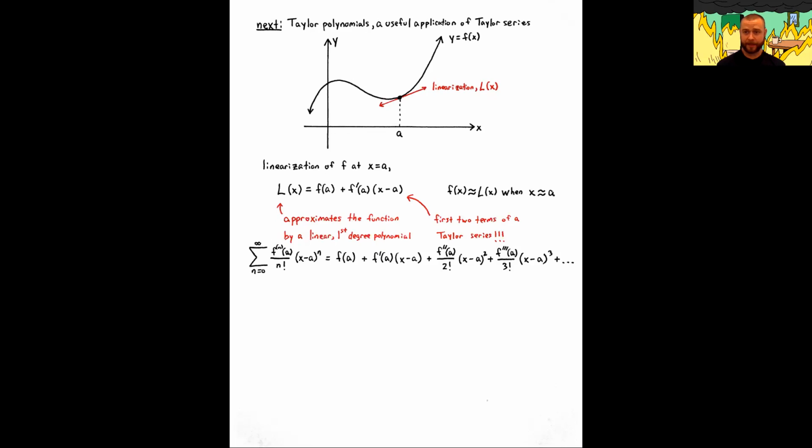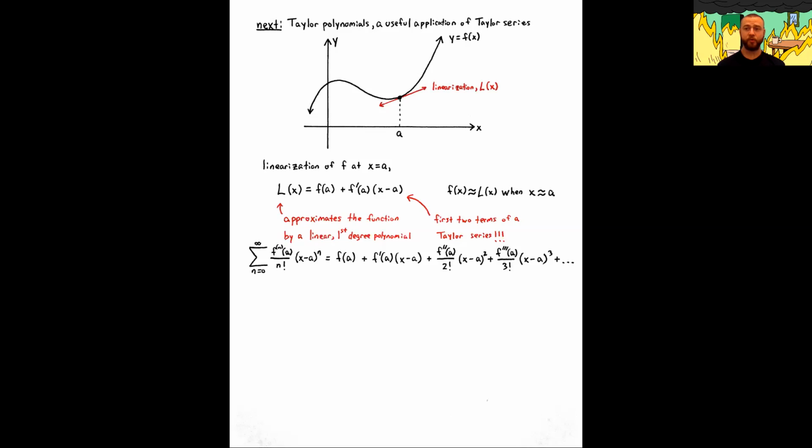Now, if we were to keep going with terms in the Taylor series written down there, the next term would have a coefficient of the second derivative at a divided by 2 factorial times x minus a squared, and then that continues for the Taylor series representation.